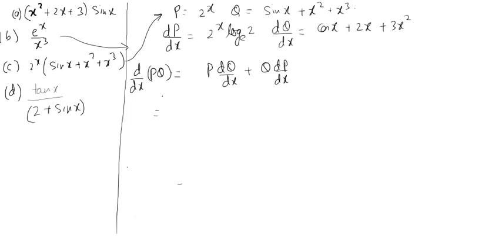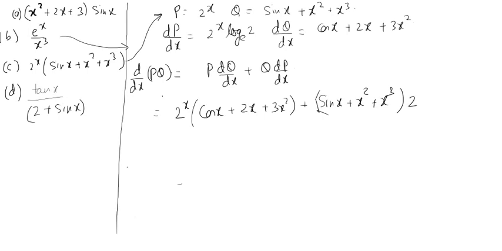So p into dq by dx: 2 to the power x into dq by dx, which we have calculated here, cos x plus 2x plus 3x squared, plus q into dp by dx. q is sin x plus x squared plus x cube into dp by dx, 2 to the power x log of e base 2.